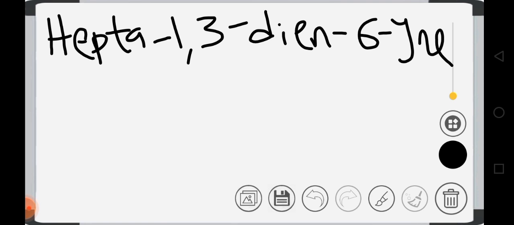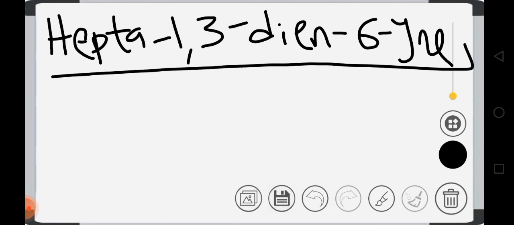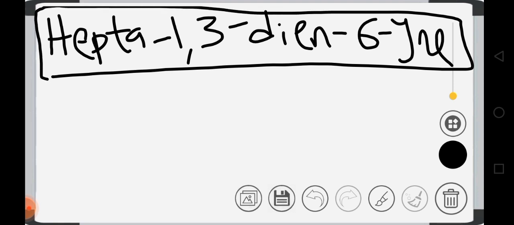What is the correct structure for this compound?